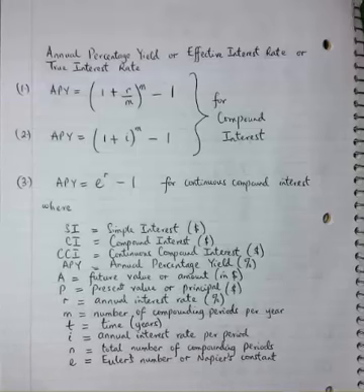Now, the next thing we will do before we solve questions is to find the values of M. M is the number of compounding periods per year. If it is compounded annually, semi-annually, quarterly, monthly, weekly, we have to find what the values of M are.